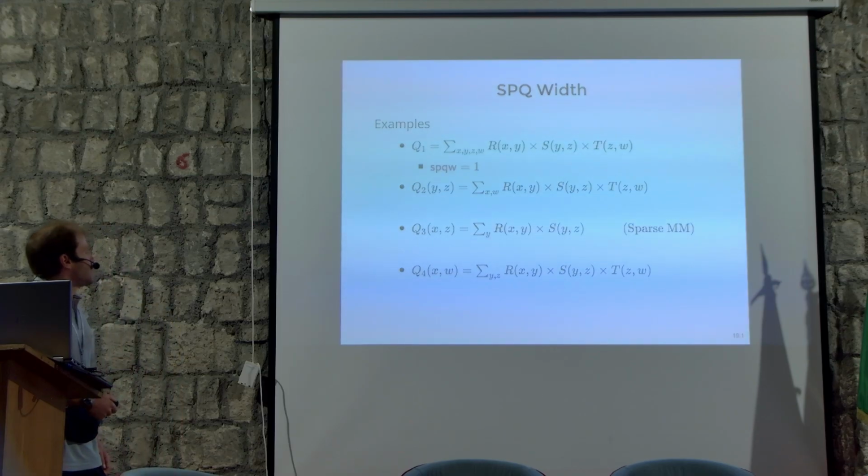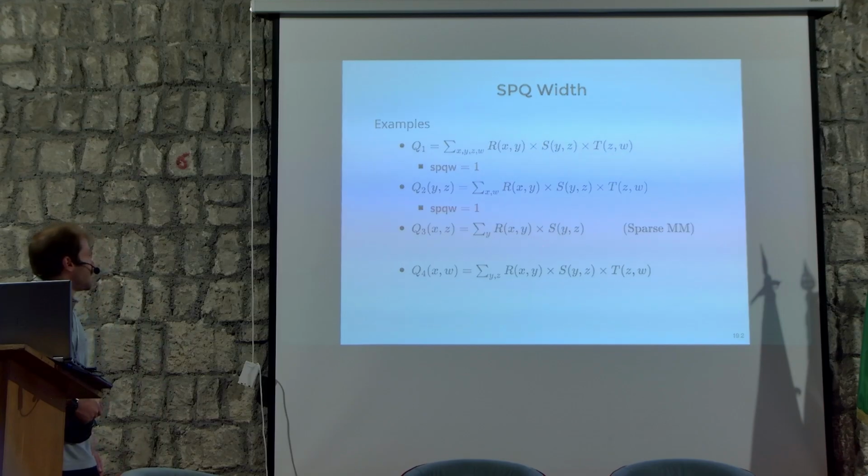Now here we can start by eliminating the variables one by one. You can start by eliminating W in linear time and Z in linear time and so on. So based on this, you could probably guess that the SPQ width here is 1, which means that it can be solved in linear time. The second query here is similar, except that we are taking a summation only over X and W. But still, we can eliminate each one of them in linear time, which will still lead us to an SPQ width of 1.